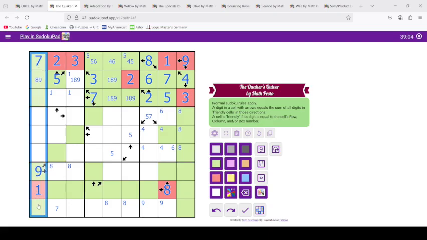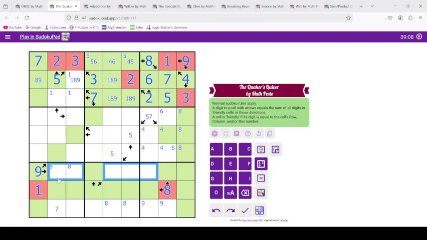This can't be 1, can't be 7, can't be 9. Whichever one of these is the 7 is the last friendly cell on that row. Same for whichever of these is the 7 is the last friendly cell in that box.